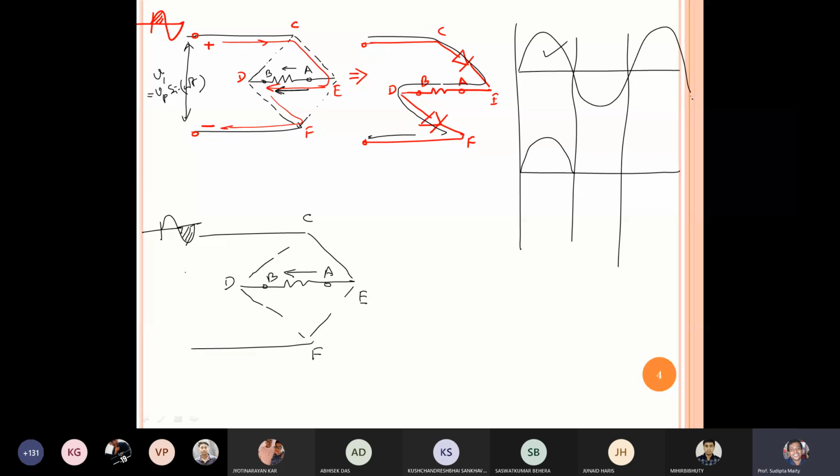Okay, so as it is the negative half cycle, I can assume here it is negative voltage, here it is positive voltage. Agree? Yes, sir. So as it is positive voltage, I have to obtain the current in this direction through the resistor.